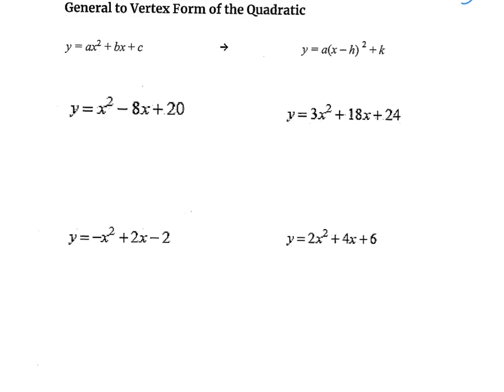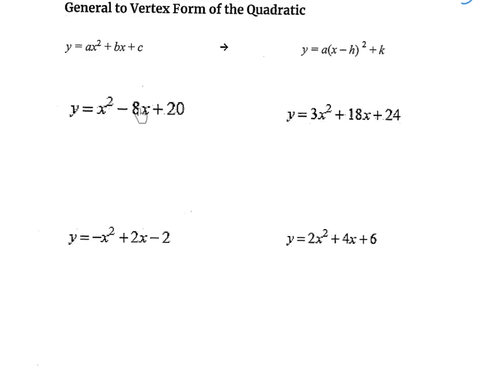We're going to take x squared minus 8x and form a perfect square trinomial. But in doing that, this 20 is still part of the equation, but needs to be adjusted on the end. Let me show you what I mean.